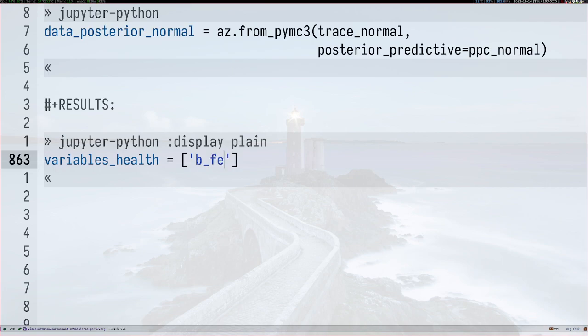So there's the variable on the female dummy. We're going to be interested in GDP. We're going to be interested in the interaction effects between the female dummy and GDP. We want to know the effect of income inequality on mortality.